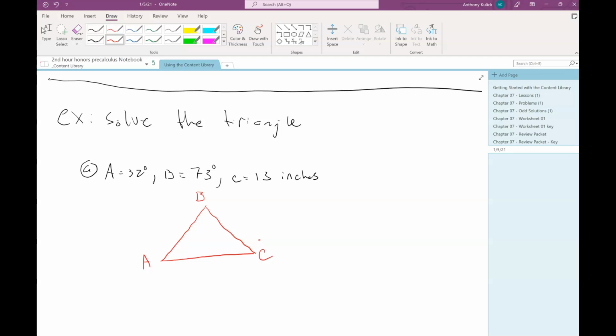So the side that's opposite angle A, I need to label as side A. The side that's opposite angle B, I need to label as side B. And the side that's opposite angle C, I have to label as side C.